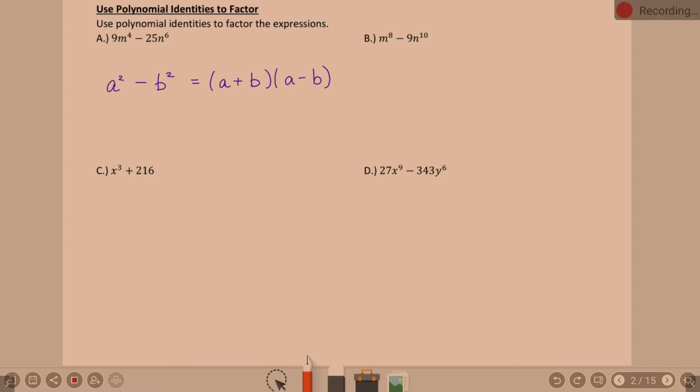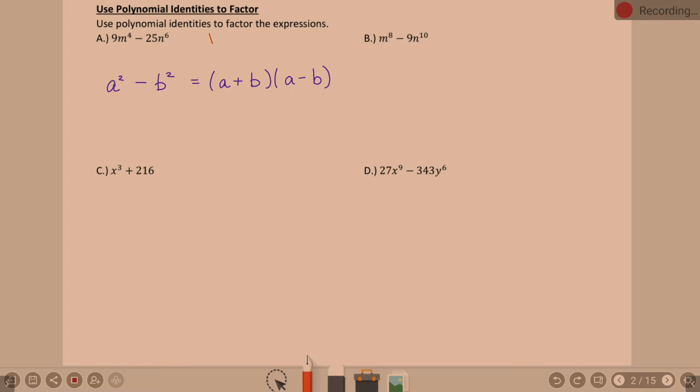What is a squared? A squared is 9m to the 4th, yes? So if a squared is 9m to the 4th, how do we find a?